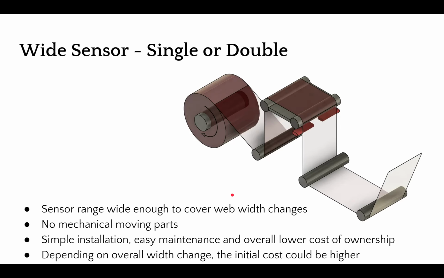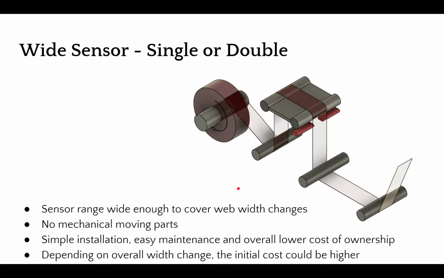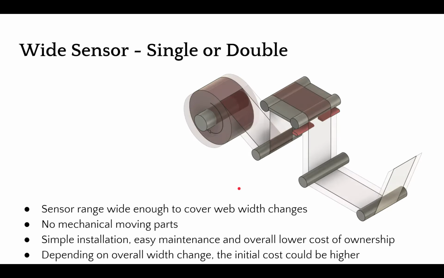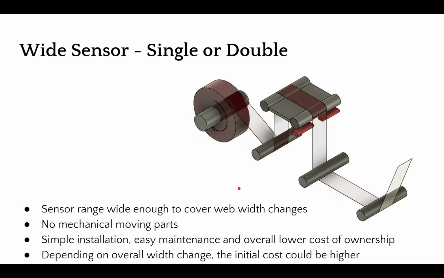When we do something like this, where irrespective of the web width you don't have to move the sensor, this kind of mechanism completely eliminates mechanical moving parts, reduces wear and tear on the system, and is simple to use. There will be no need for the sensor to be moved, and it's easy to maintain. And there's only one actuator. The only actuator is the one on the web guide, and hence there's only one loop.